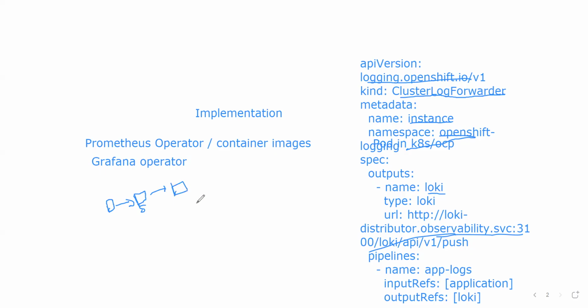If you configured a route, then you have to use the route URL. If you configured a service, then the service URL. And there is a pipeline which we are pushing to app logs, where it gives the input references as application and output as Loki. So basically, your log forwarder is pushing the logs to Loki.